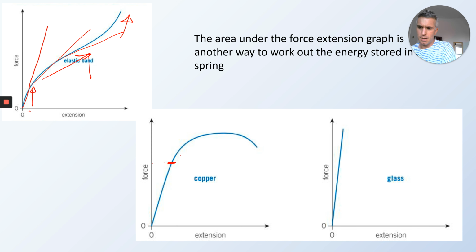But after this point, you can see that all of a sudden I'm hardly putting any force in, and it's getting a lot longer. That's because the copper stopped being elastic and started to behave in a plastic way. Copper is a metal, and its behavior is plastic. So you stretch it and it springs back, and then all of a sudden you stretch it too far and it just draws out. And here at the end, that's where it breaks.